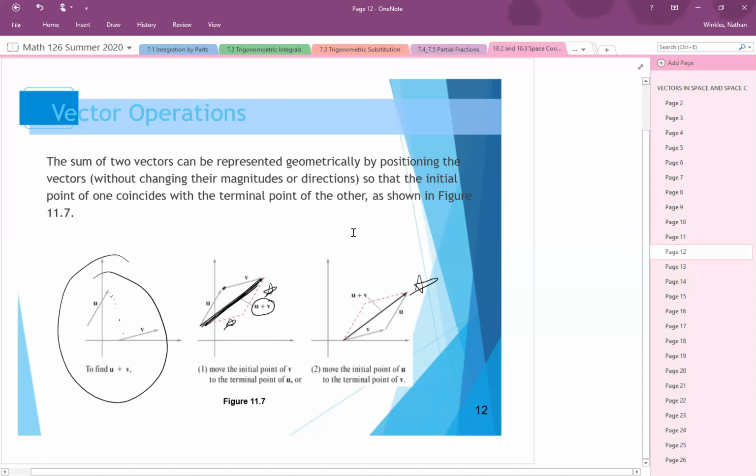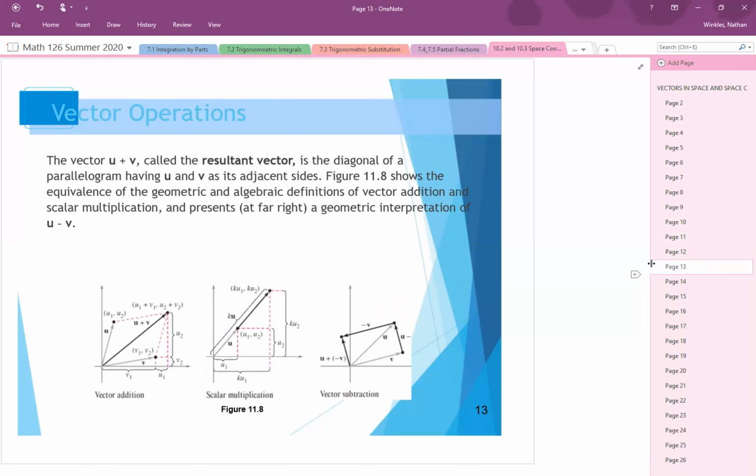Finding that resultant vector tells us the vector whose sum is u + v. It is the diagonal of the parallelogram having u and v as its adjacent sides. This slide right here will show geometrically what's going on.